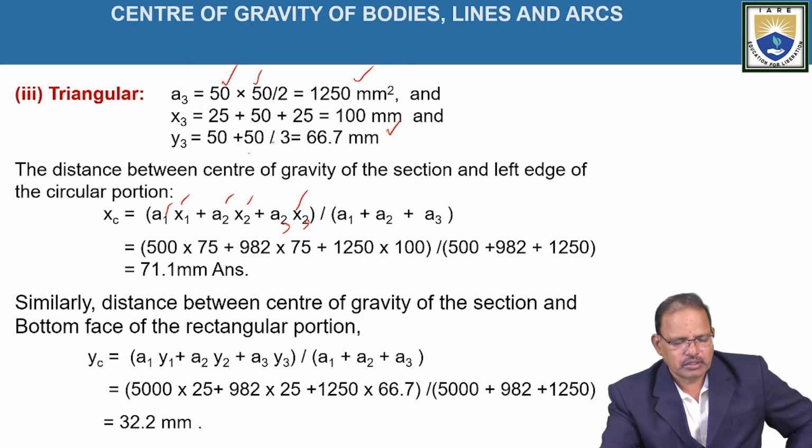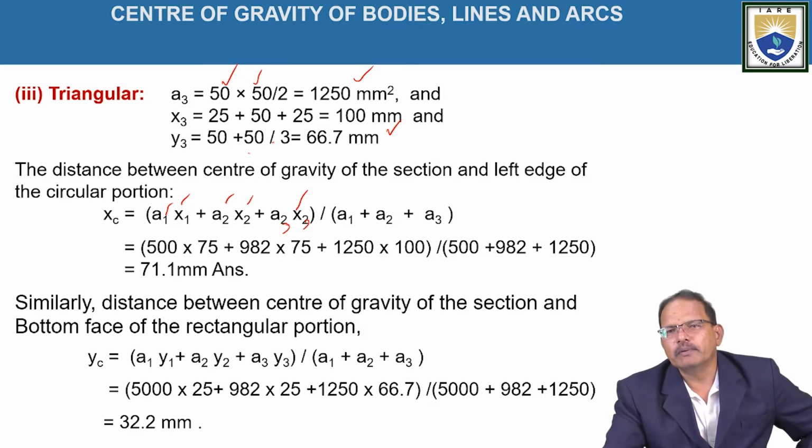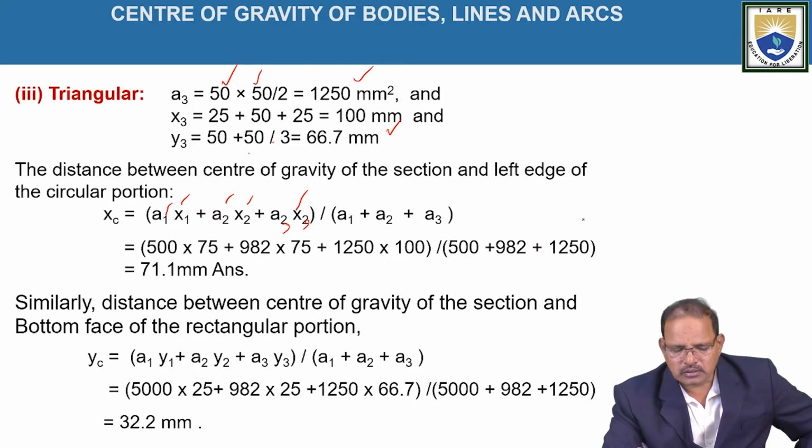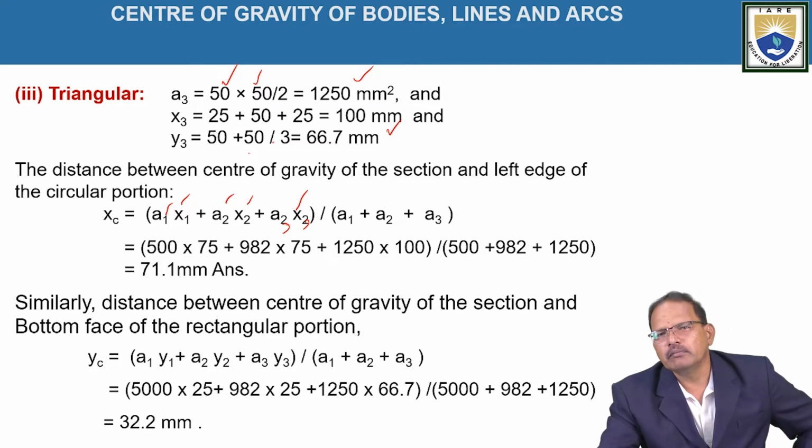That is, a1 is equal to 5000, x1 is equal to 75, plus a2 is equal to 982 into 14.4, plus a3 is equal to 1250 into 100, divided by 5000 plus 982 plus 1250, which is equal to 71.1 mm. That is, with respect to the y-axis, the center of gravity lies at a distance of 71 mm.